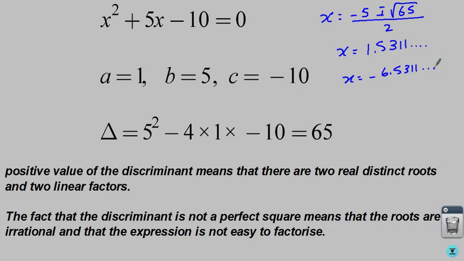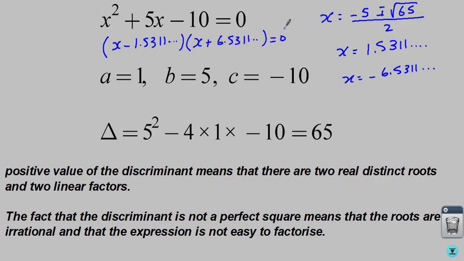So there are two roots and there are two factors, but it is impossible for us to think about the two factors that generate those two solutions. Who on earth would be able to work out that the left hand side is equal to x minus 1.5311, etc., times x plus 6.5311, etc., equals 0.